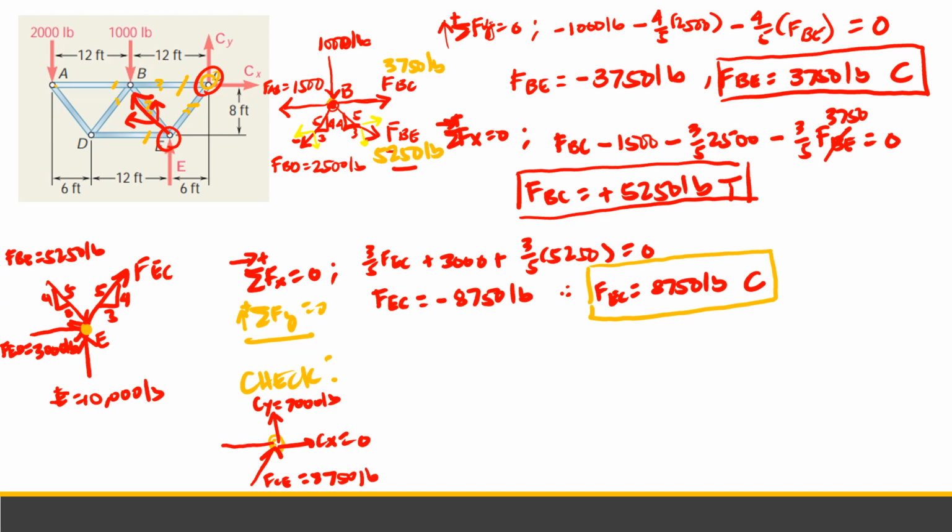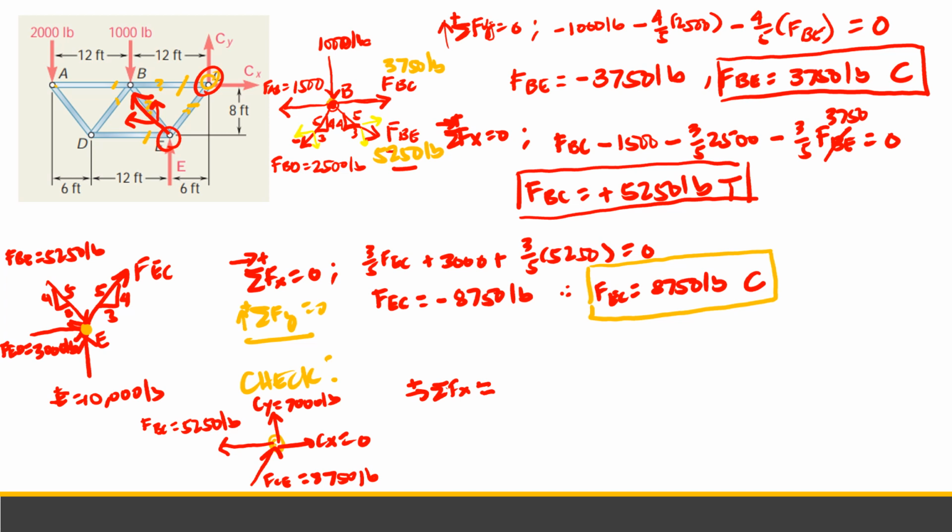And then force BC is 5,250 pounds in tension. To check, since all forces have values, the summation of forces along x and along y should be 0. So we'll check the summation of forces along the x-axis, to the right positive.